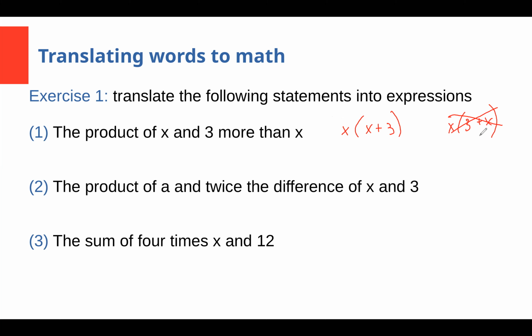So once again, this one is okay to have, assuming that after you wrote it this way, you decided to switch the two terms. But what I'm afraid of is that you just don't follow the order of how it should be. Okay, now, the answer for number 2 was a times 2, and then the parenthesis, x minus 3. Now, the answer for the last one was 4x plus 12, right?